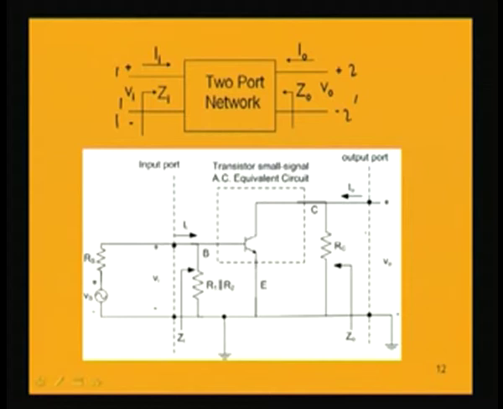Source and load will be external to this whole two port system. So, this input port has all these parts along with the transistor, the circuit R1 parallel R2 and RC. Only the source and the load are external to this two port network, and we can analyze the whole circuit in the light of this two port network, which we are going to do next.